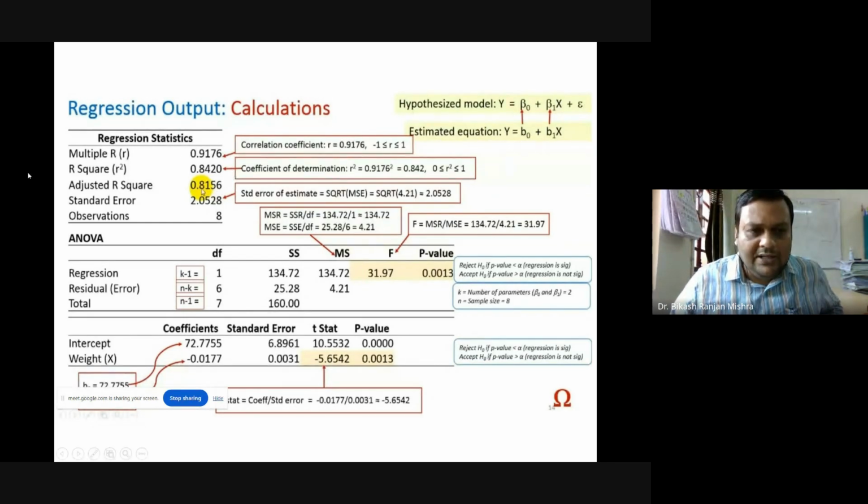Now coming to the adjusted R square value: R square and adjusted R square will be more or less similar. The only difference is that adjusted R square will be a deflated value of R square.